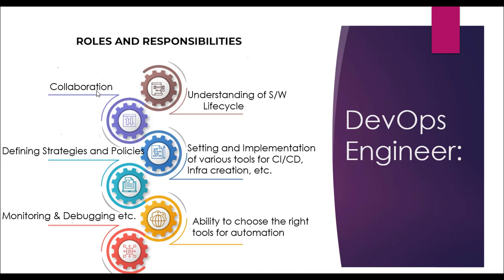But if you talk about their core roles and responsibilities, this is what even they will do. So your DevOps engineer, senior DevOps engineer, lead DevOps engineer, build engineer, release engineer, all share similar kinds of roles and responsibilities. So that is about DevOps engineer.